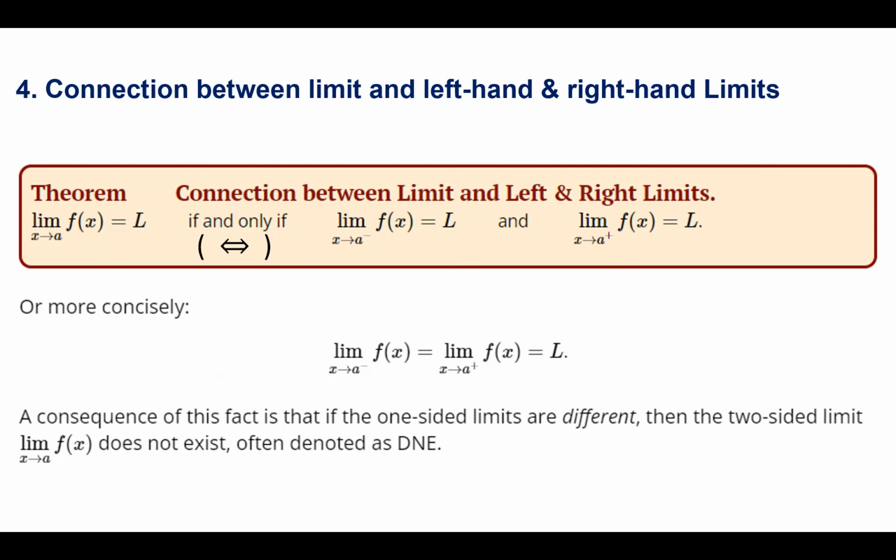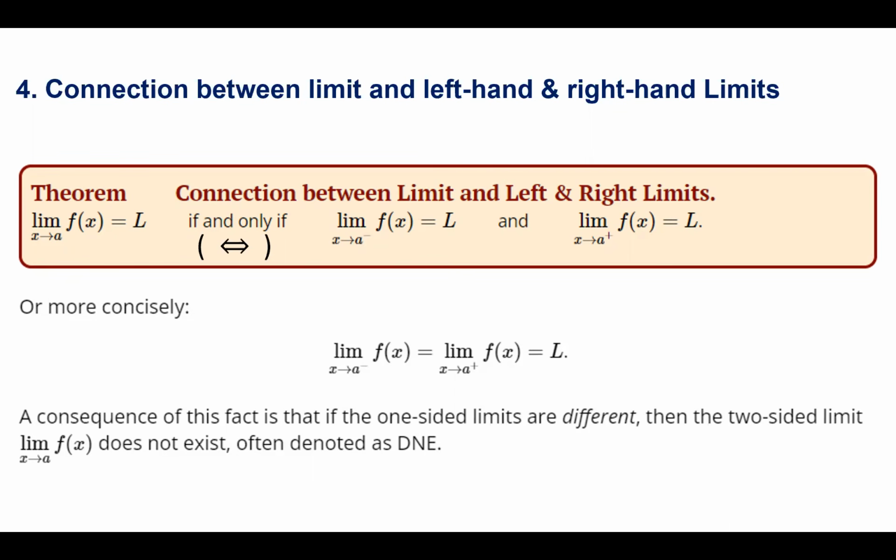If and only if means the expressions on the left side and the right side are equivalent. From the left side, you'll have the right side, and starting from the right side, you will get the statement on the left side. That means if and only if.